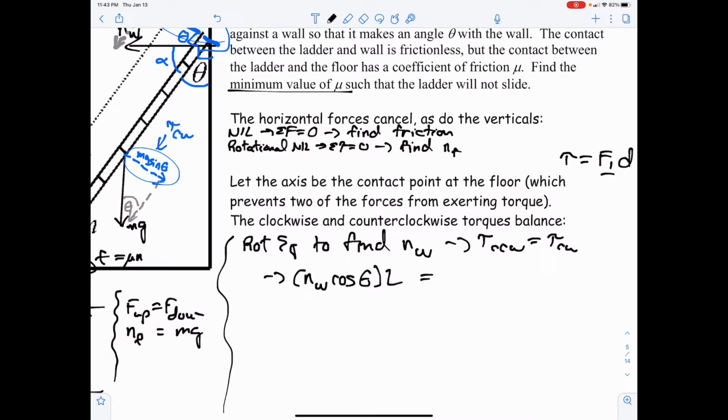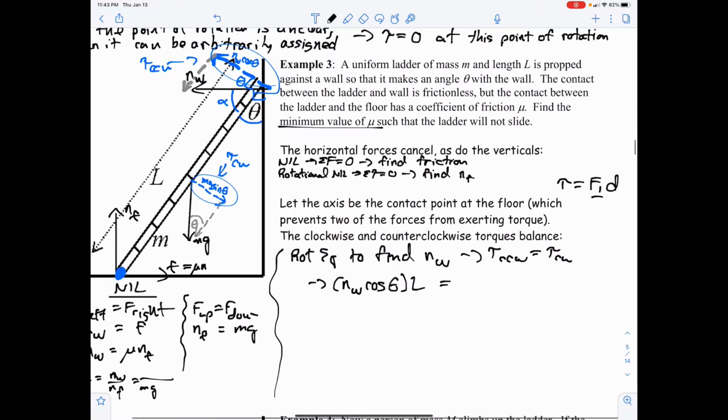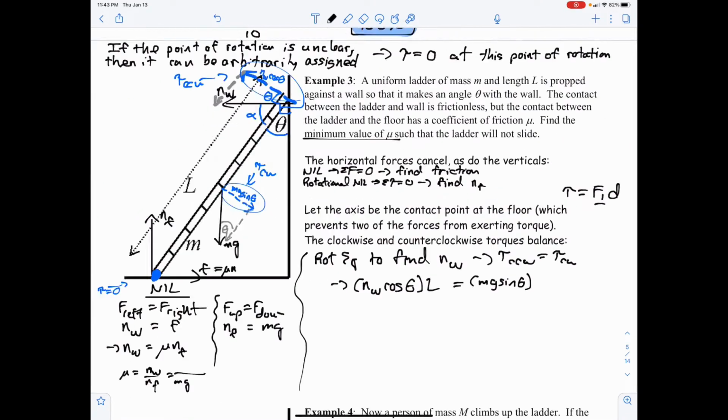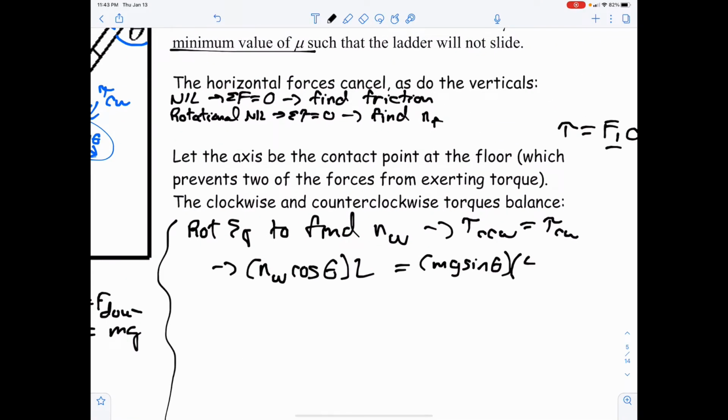And the other force is mg sine theta, but that one is at the halfway point of the ladder, so the distance from the fulcrum would be L over 2.